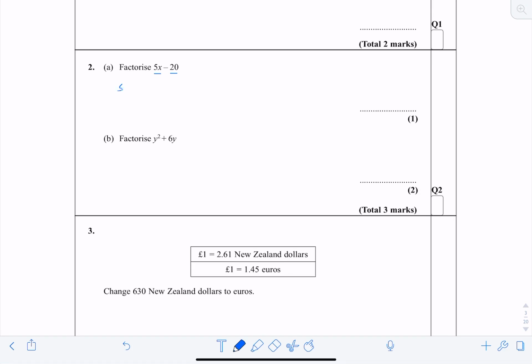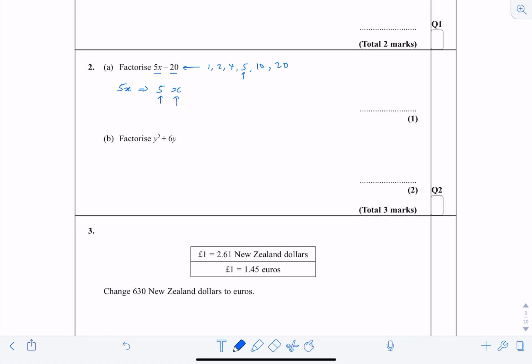Looking at that 5x, there's only really one way of doing it: our factors are only 5 and x. For 20, the factors are 1, 2, 4, 5, 10, and 20.